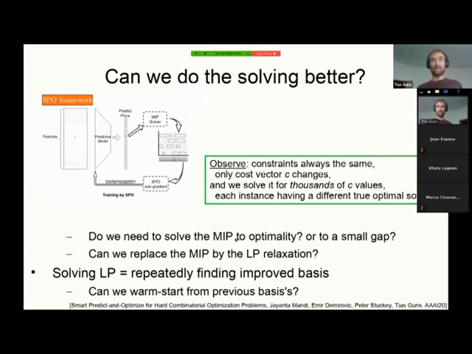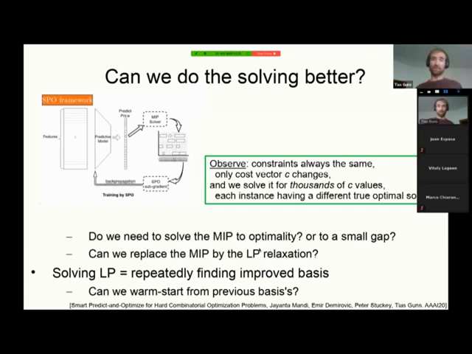The question we asked is, do we actually need to solve the MIP to optimality, or can we even just replace the MIP, because we're using MIP solving in this case, by the LP relaxation? The LP relaxation already gives a hint at the direction the predictions are pointing to.